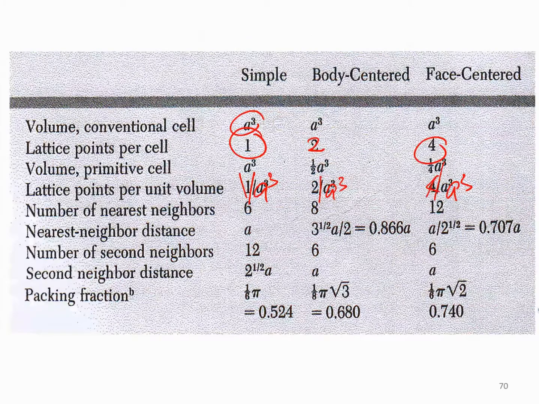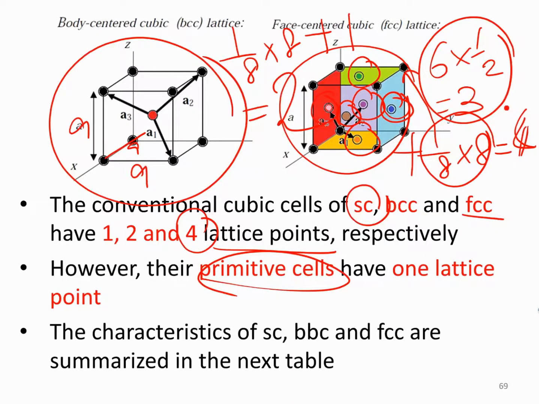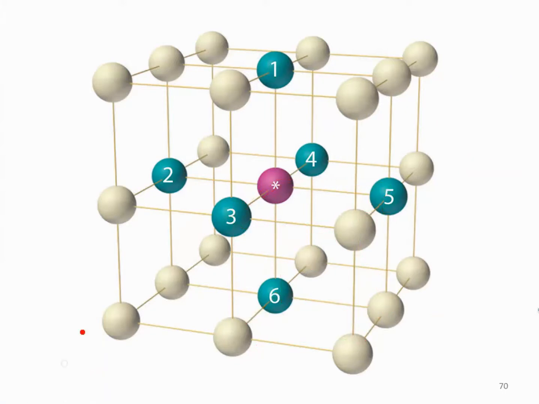Then next, you want to know the number of nearest neighbors for simple cubic, for body center cubic, and for face center cubic. So this is the case for simple cubic. Let's say I take this as the center atom.